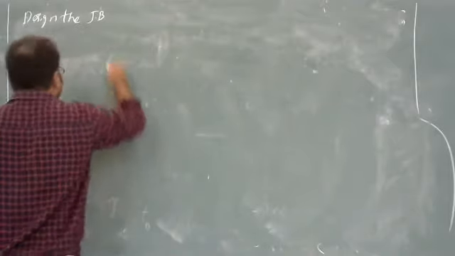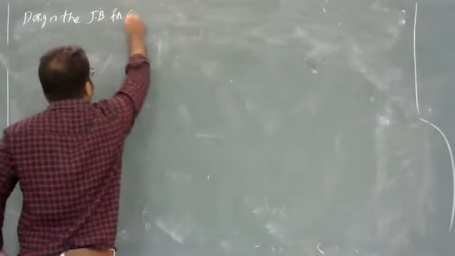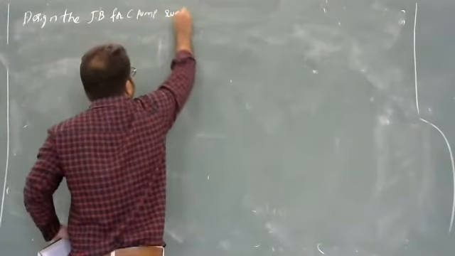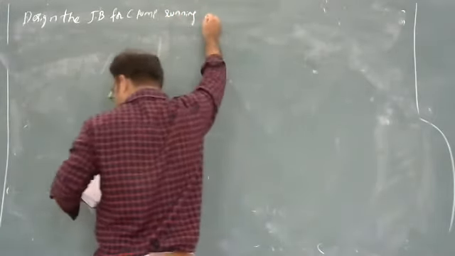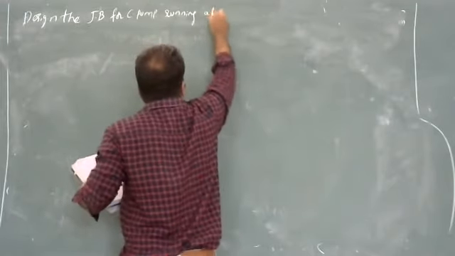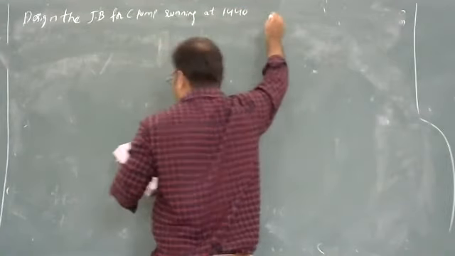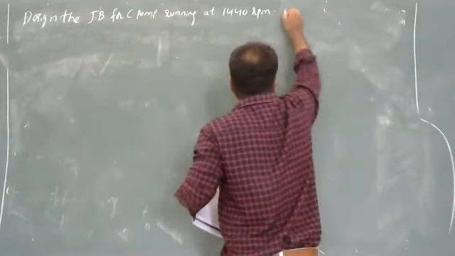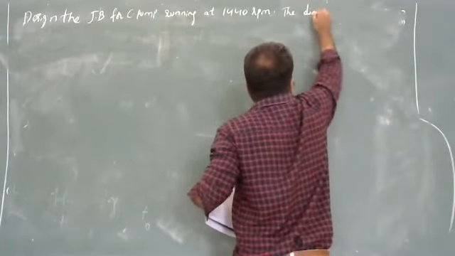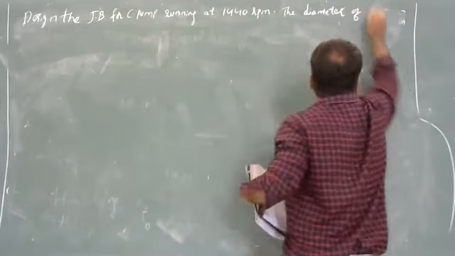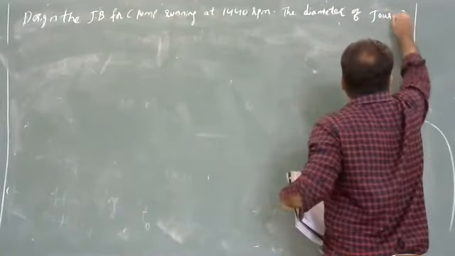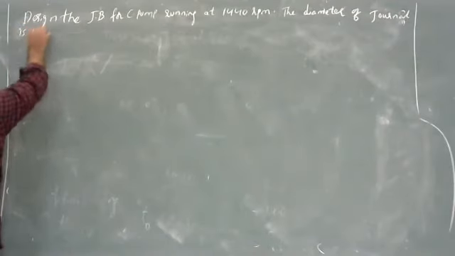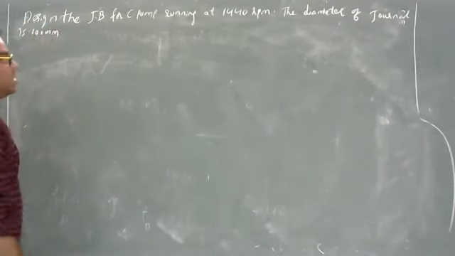Design the journal bearing for a centrifugal pump running at 1440 RPM, and the diameter of the journal is 100 mm.